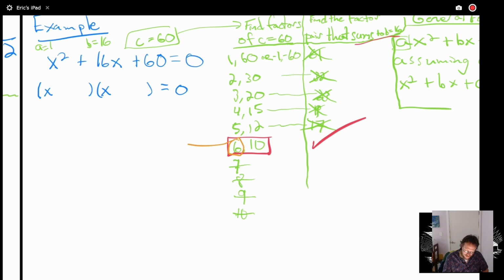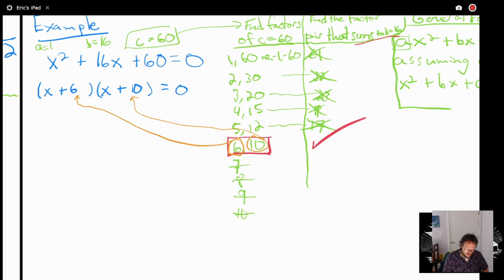The positive 6 goes in the first slot, and the positive 10 goes in the second slot. And so we write those in, plus 6 and plus 10. And I was supposed to put those in green to show, but you might have the idea.